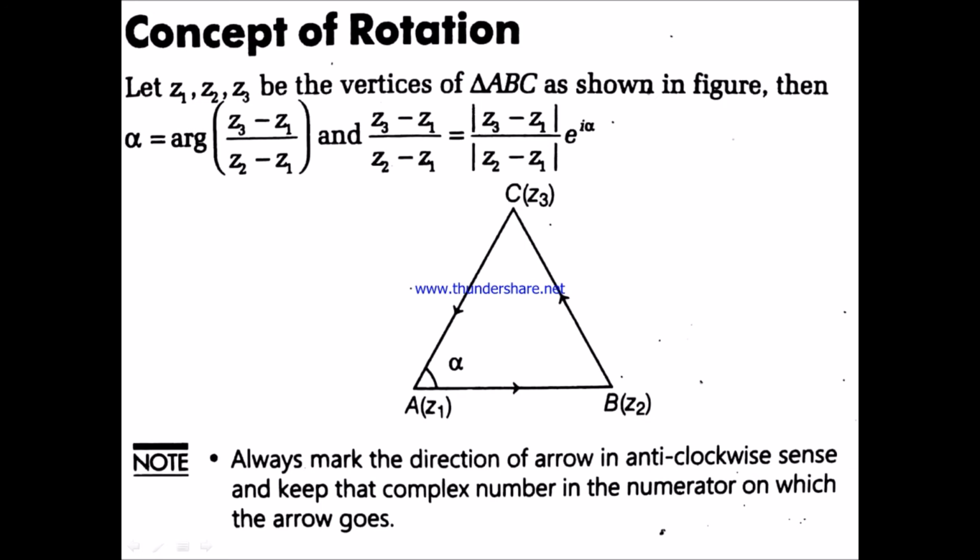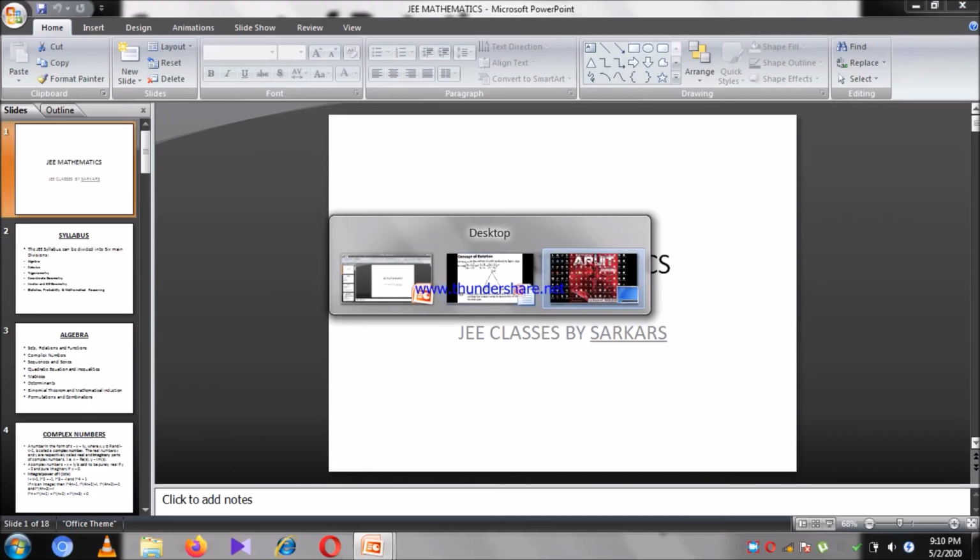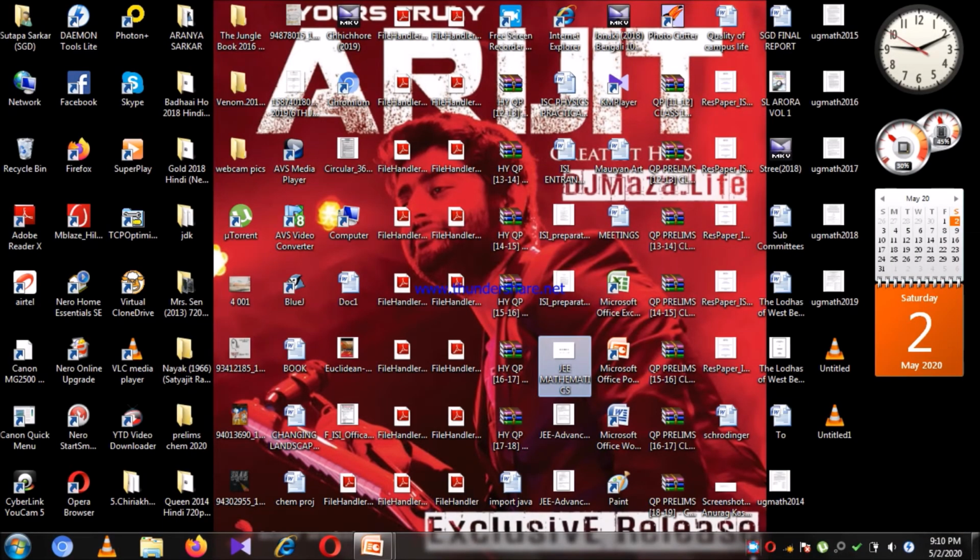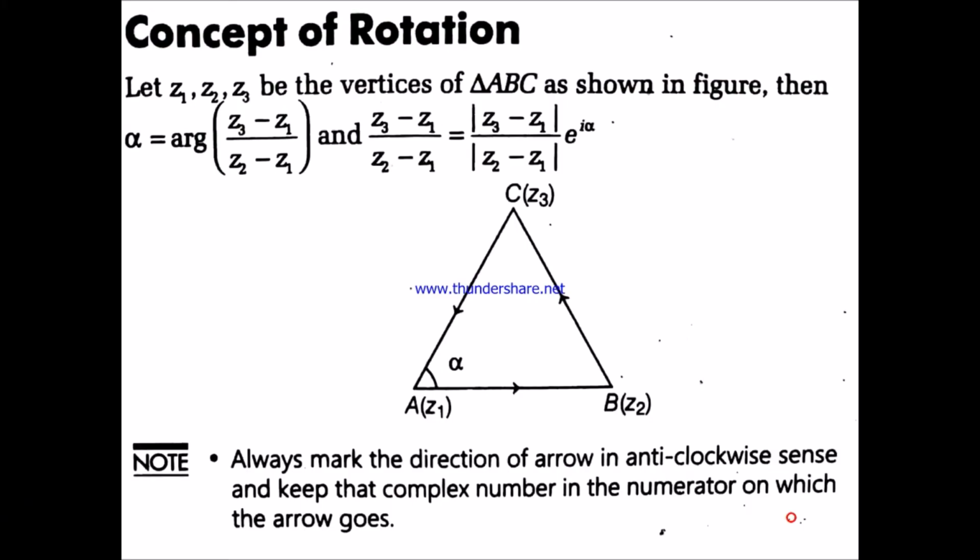Now here comes the concept of rotation. What is this concept of rotation? In the concept of rotation, you first have to consider two complex numbers Z1 and Z2. We are rotating Z2 with respect to Z1 by an angle alpha.